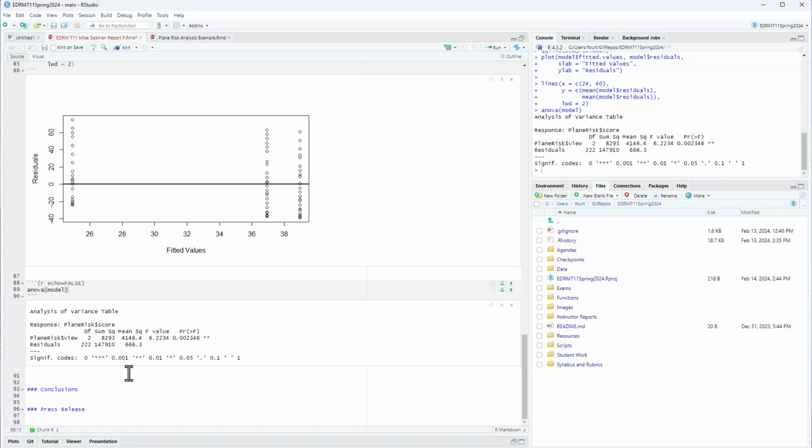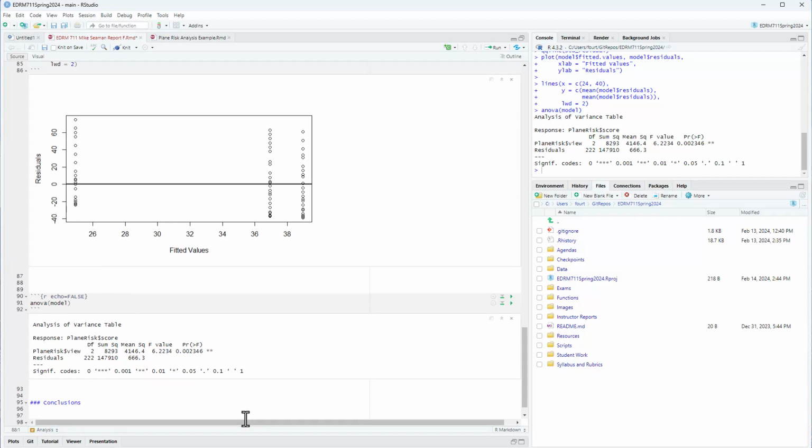Again, if I was preparing this for a journal article, I would use a package that allowed me to make this table look a little nicer, but we're going to go ahead and live with this. But typically in this kind of study, the ANOVA table is shown in the article. And so I am going to go ahead and show this here.